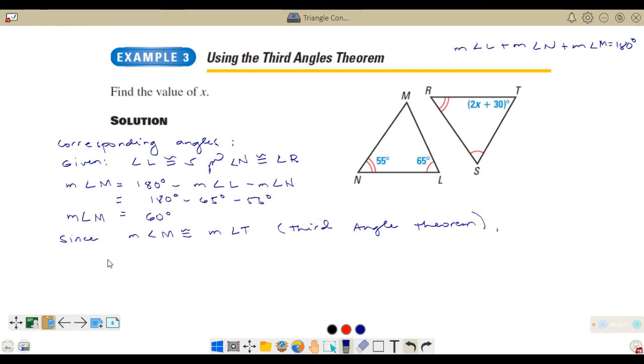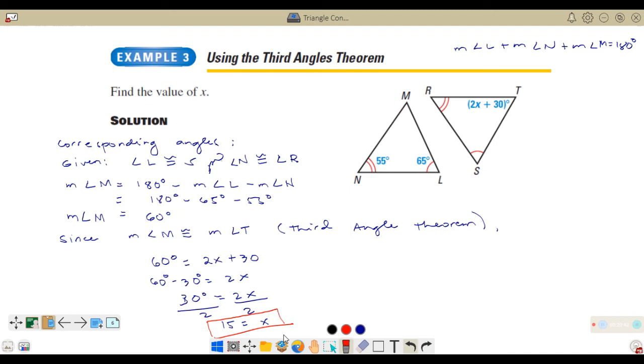We have 60 degrees is equal to 2x plus 30. 60 minus 30 is equal to 2x. Don't forget your degrees. Then we have 30 degrees is equal to 2x. Divide both sides by 2 to get the value of x. We have 15 is equal to x.